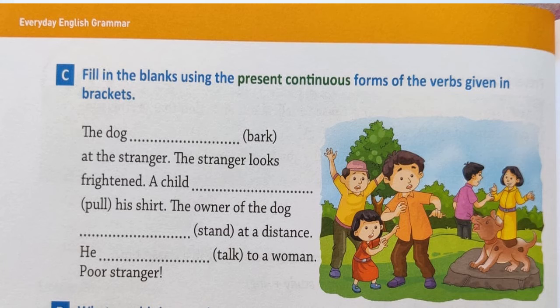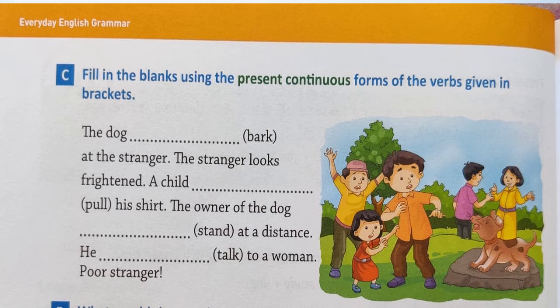Now children, wherever you see the word continuous, you have to remember ing will come along with the verb. Okay? And wherever you see the word present, you have to remember is, am, are. So wherever you see the words present continuous, remember for present is, am, are, and for continuous, a verb ending with ing.